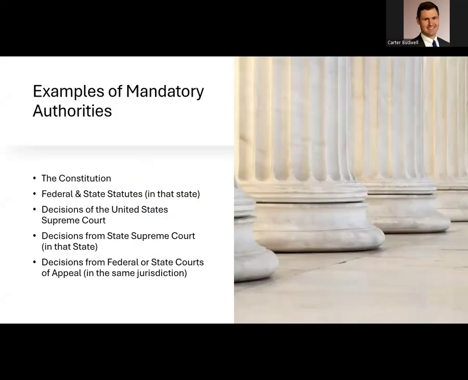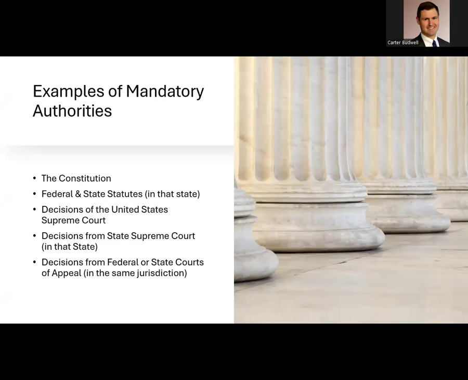Here are some examples of mandatory authority, and it's important to note that whenever you have a mandatory authority, it will always be a primary authority. So the Constitution is a good example of a mandatory authority, and that would be the Constitution of the United States.